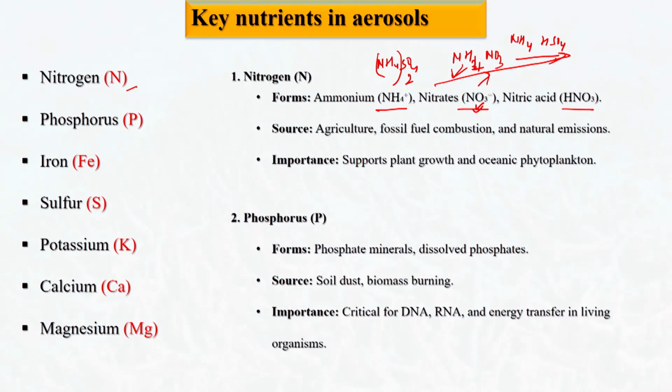Okay. The sources are agriculture, fossil fuel combustion and natural emission, but this is not a very easy process. For example, agriculture will produce ammonia, and this ammonia will be converted to here. Then any species that is producing NOx will give rise to nitrate and HNO3.